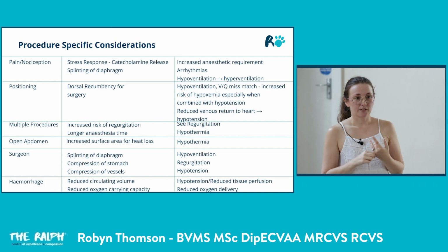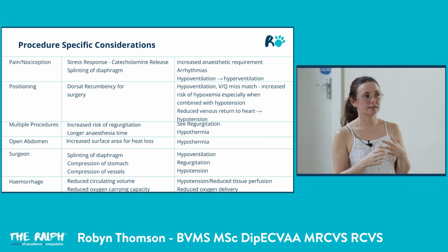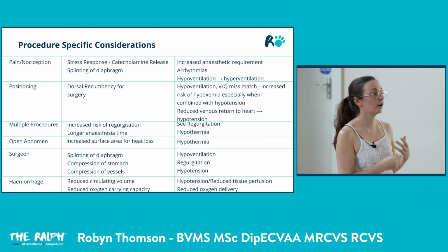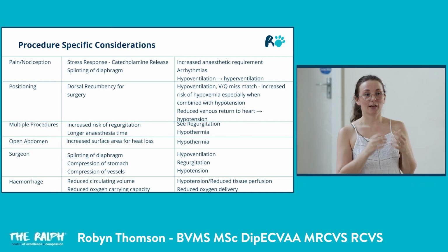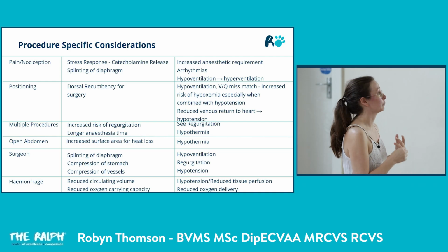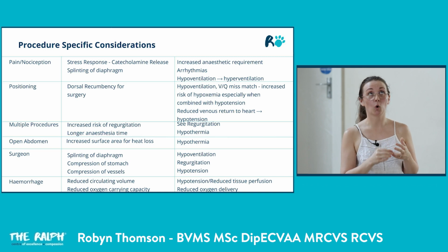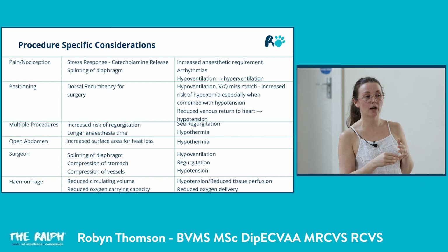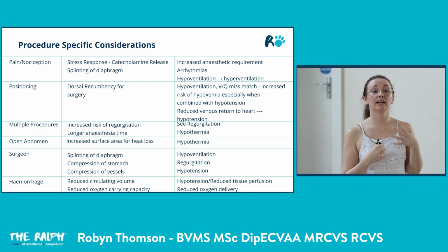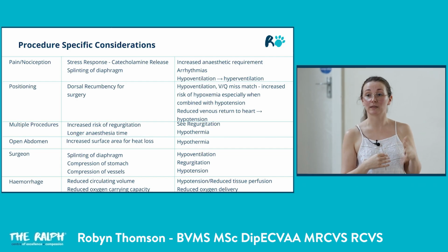We've got multiple procedures here. Now, this is something that isn't necessarily talked about an awful lot, but when you have multiple procedures, even though it all sounds like one, you actually are increasing the risk of things like regurgitation, and you're also increasing your anaesthetic time. So they do come with an increased risk of hypothermia as well. And the longer an anaesthetic is, we do increase the risk of morbidity and mortality.